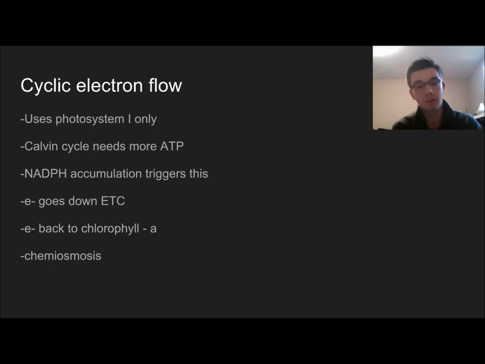And so basically what happens is the electron goes down the electron transport chain, same as it would before. But then, instead of going to the final electron acceptor, it goes back up to chlorophyll A. And this causes a cycle. That same electron is going up and down the electron transport chain. And what this does is create ATP via chemiosmosis.